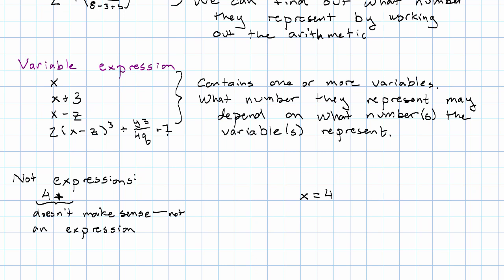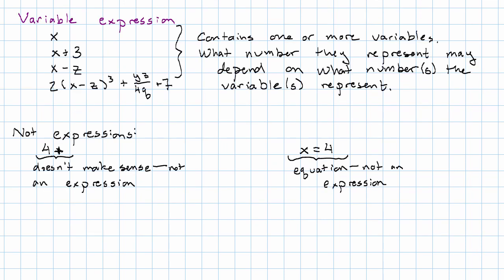Another thing that we might write in algebra that is not an expression is something like x equals 4. This is a statement called an equation. It's not an expression.